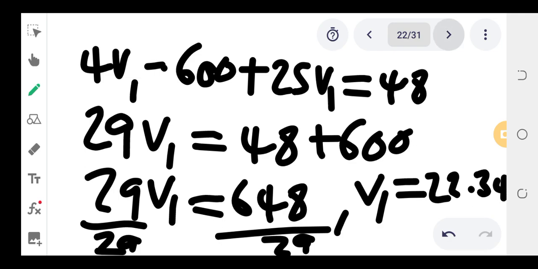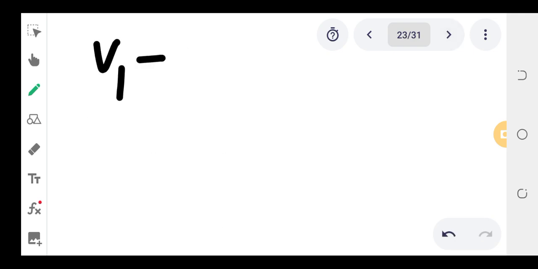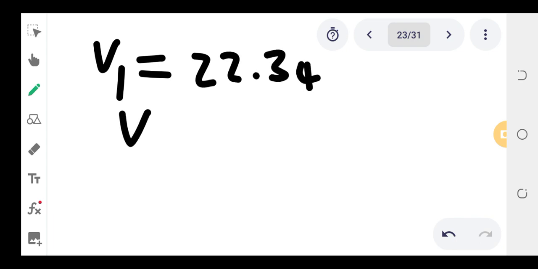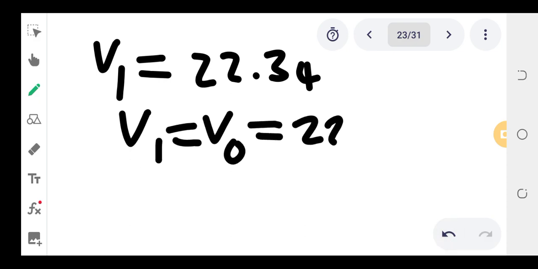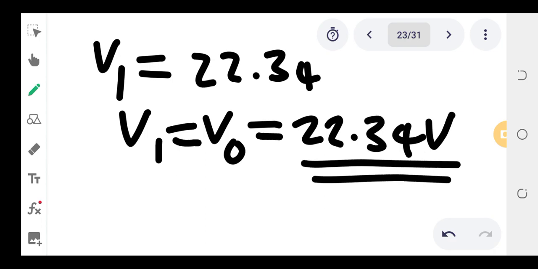So that is our V1. But V1 is equal to Vo, which is 22.34 volts. So this is our answer that we are getting from there. Thank you so much guys, and have a blessed day.